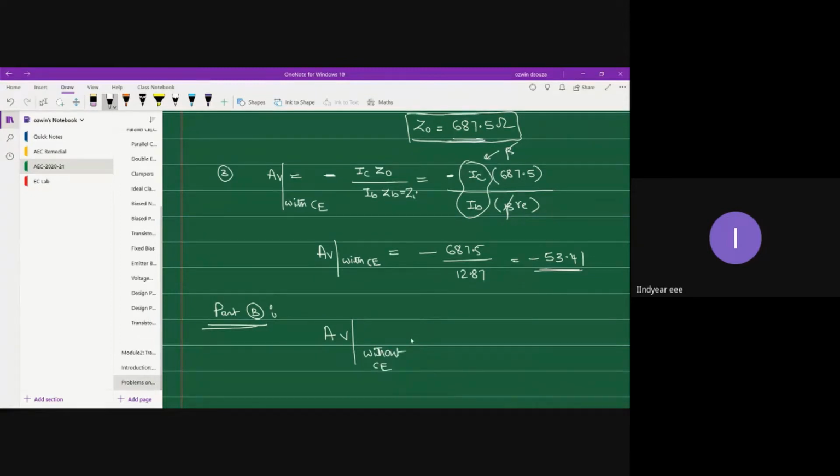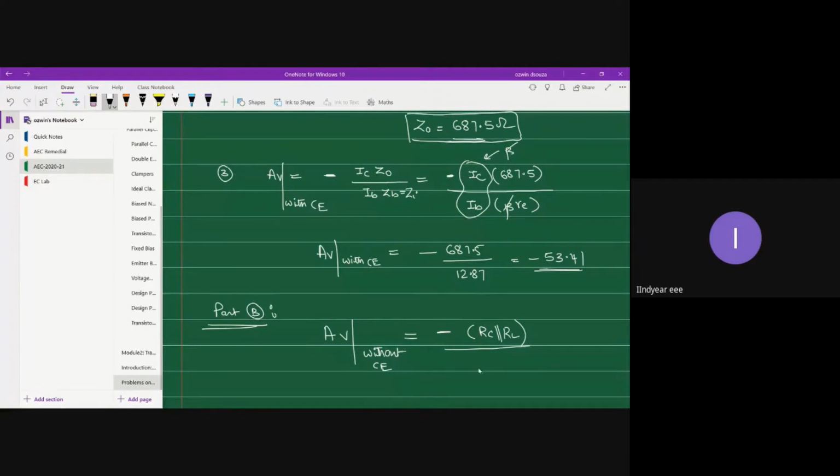In the previous class we saw that without the bypass capacitor, the voltage gain expression becomes minus RC parallel with RL. Because there is a load resistor, I am considering RL. If there is no load resistor, you can go for just RC. Let us include that part as well.